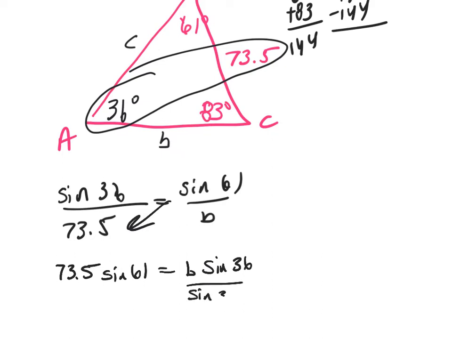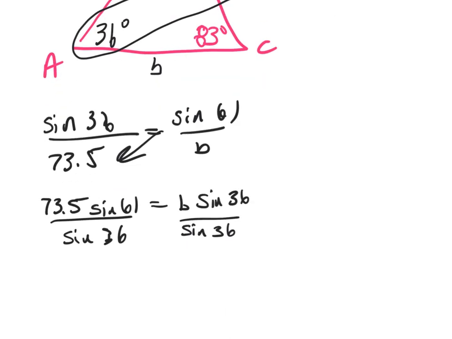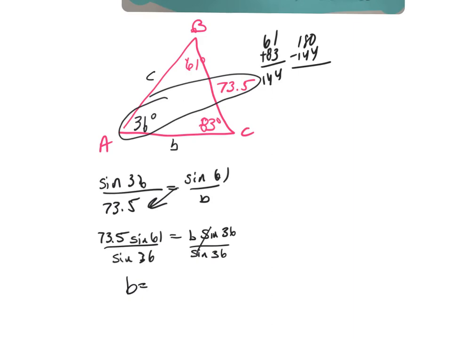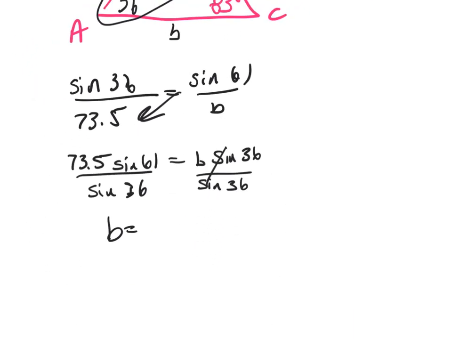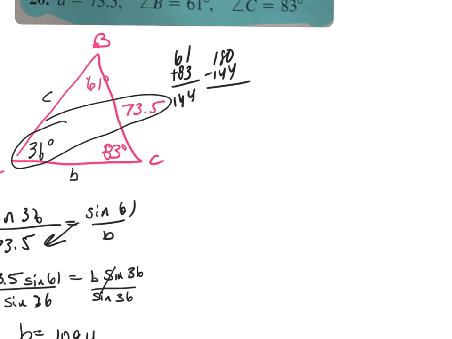Divide both sides by the sine of 36. And side B is about 109.4.